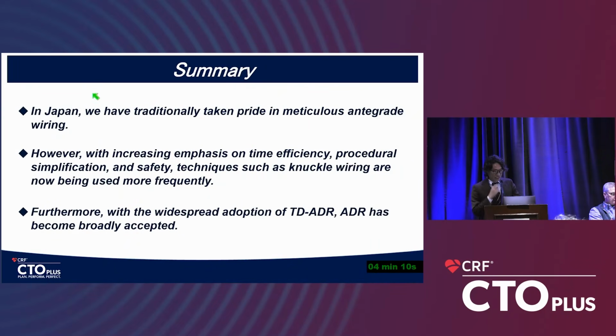And this is the summary. In Japan, we have traditionally taken pride in meticulous antegrade wiring. However, with increasing emphasis on time efficiency, procedural simplification and safety, techniques such as knuckle wiring are now being used more frequently. And furthermore, with the widespread adoption of tip detection ADR, it has become broadly accepted.